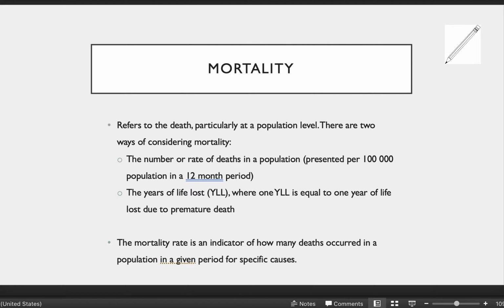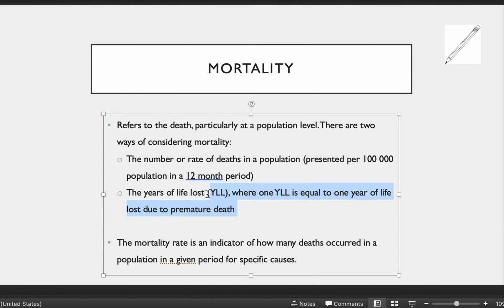So we looked at some stats, and then we also looked at mortality. This was probably the first thing that was maybe a brand new word or unknown. We might have heard mortal before, but to hear mortality and get a definition of it might have been the first thing that's come up that is brand new to some people. It was talking about the rate of death and presenting it per a standard number of people in a 12-month period.